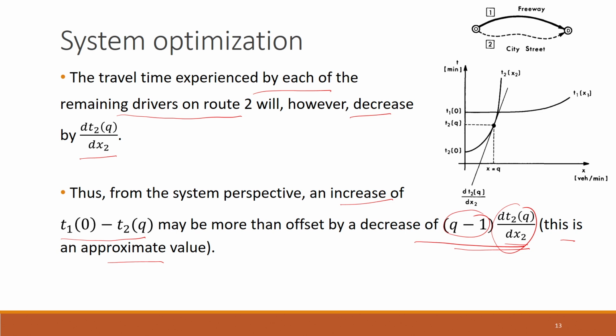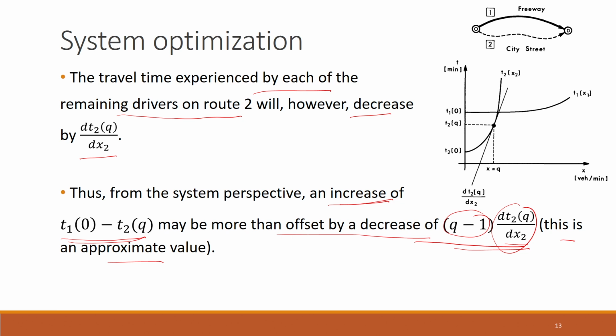Okay. So from the system perspective, an increase of this in the travel time of the flow that shifts from route 2 to route 1 may be more than offset by a decrease of this.